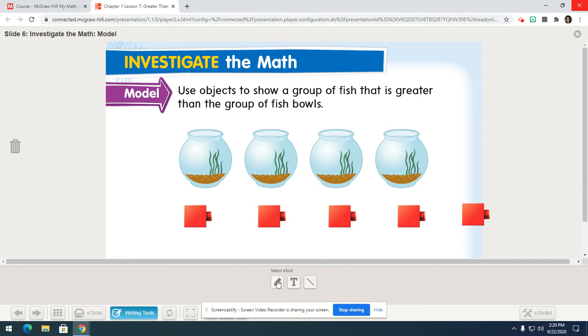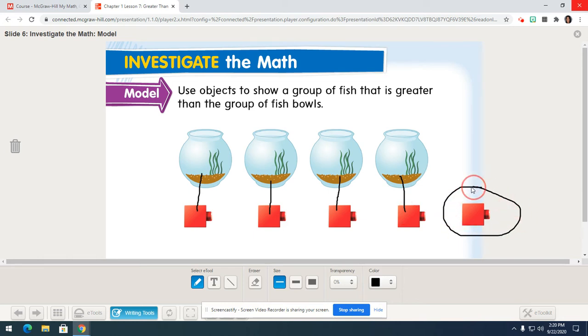Well, let's find out. I'm going to draw a line from the fishbowl to the cube and count. 1, 2, 3, 4. Look! We have an extra cube. The cubes are greater than the fishbowls. Echo me that. The cubes are greater than the fishbowls.